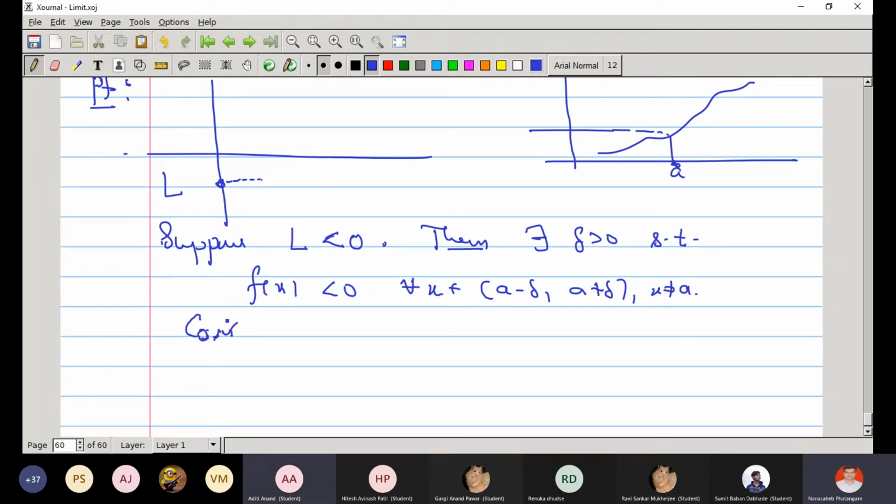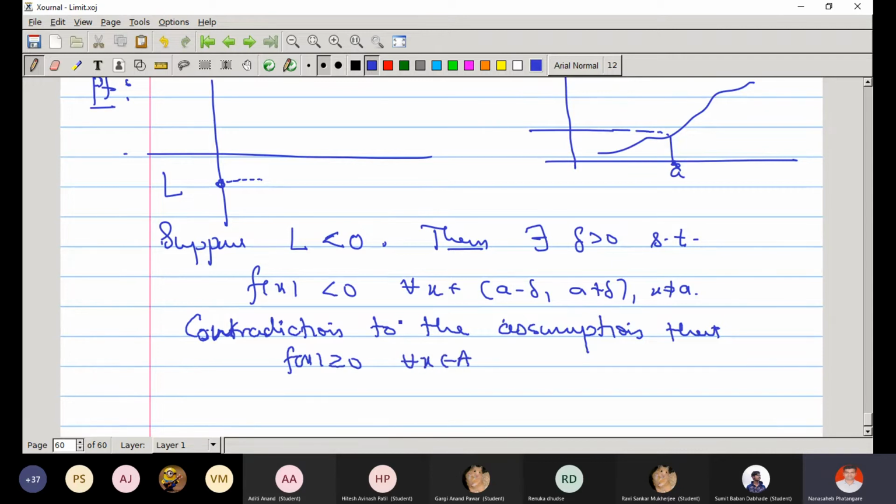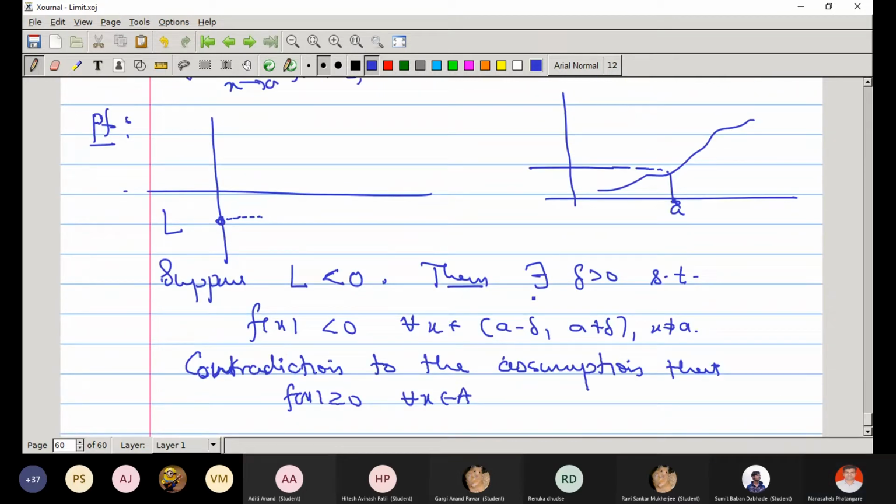Yes, sir. Why is this a contradiction? Because f(x) is greater than or equal to 0. Right. So it contradicts the assumption that f(x) is greater than or equal to 0 for all x in the domain. If we assume the limit is negative, then in some neighborhood the function is negative, which is not true, since the function is everywhere given to be non-negative.